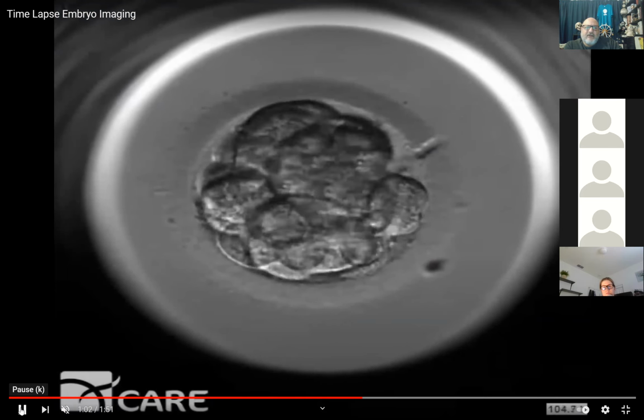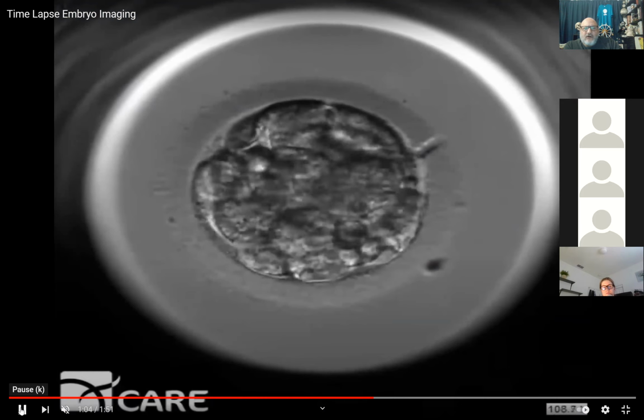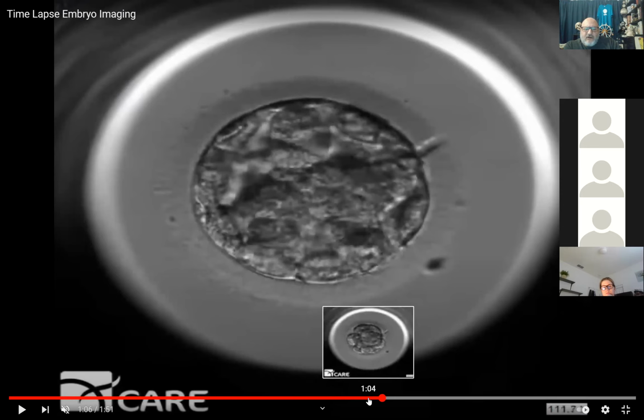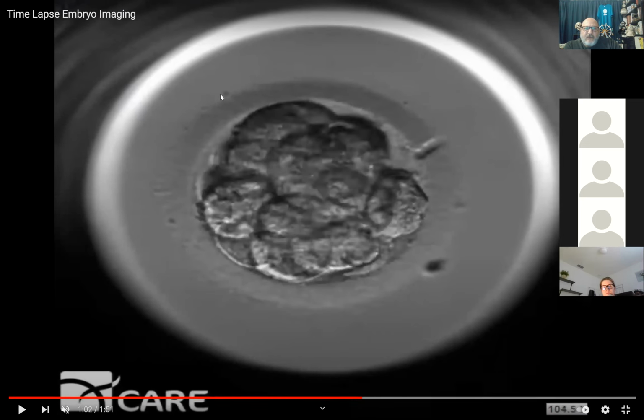From 16 to 32 to 64, and on till we have a full cluster. A solid mass of cells.